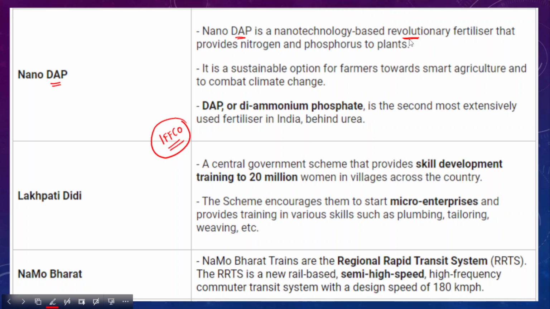If you look at the world, this is India's innovation. It provides nitrogen and phosphorus to various plants, and apart from that, it is considered a sustainable option for the farmers.